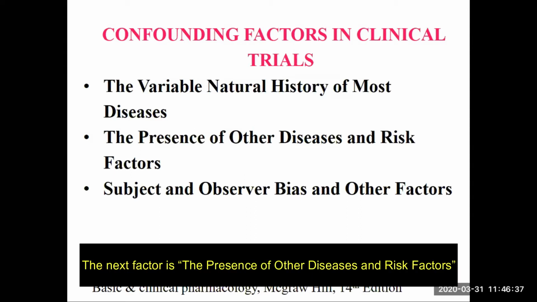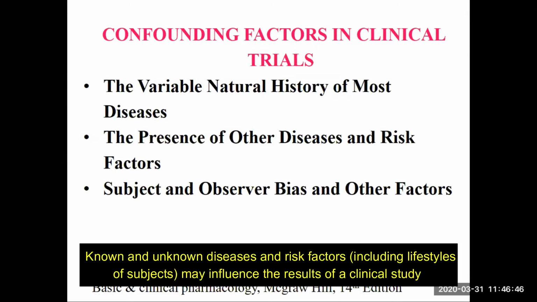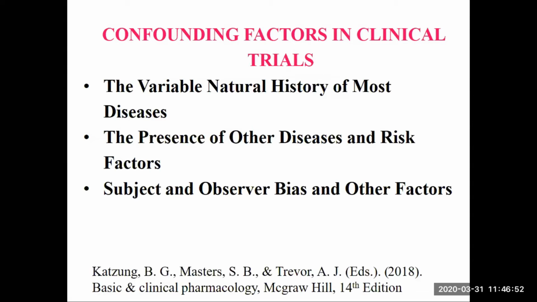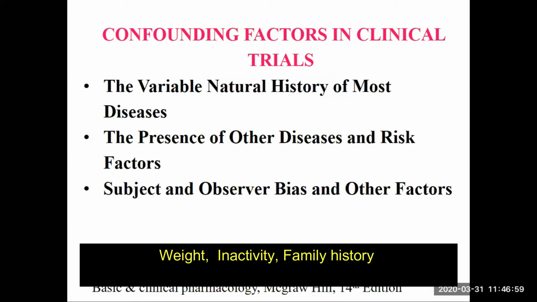The next factor is the presence of other disease and risk factors. Known and unknown disease and risk factors, including lifestyle of subjects, may influence the result of the clinical study. For example, risk factors for pre-diabetes and type 2 diabetes, such as weight, inactivity, and family history. These are all risk factors.